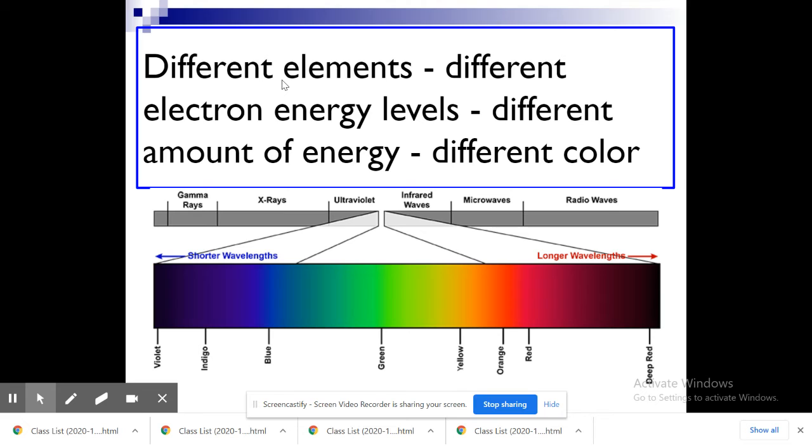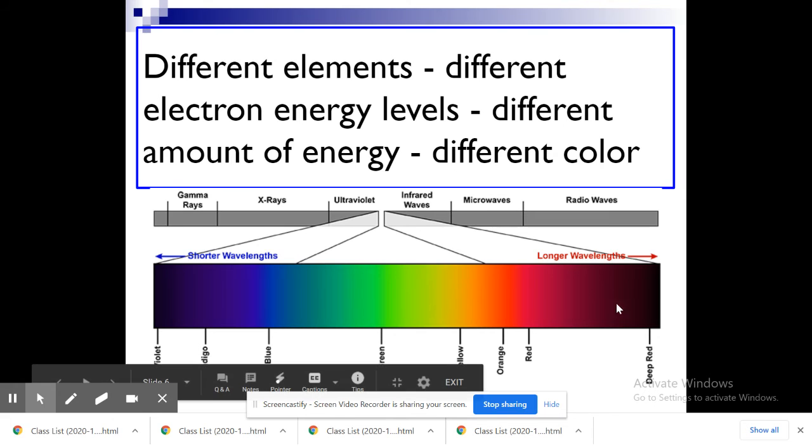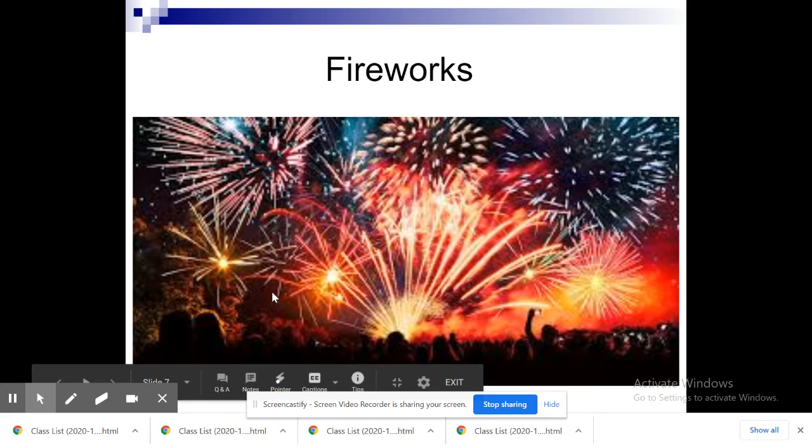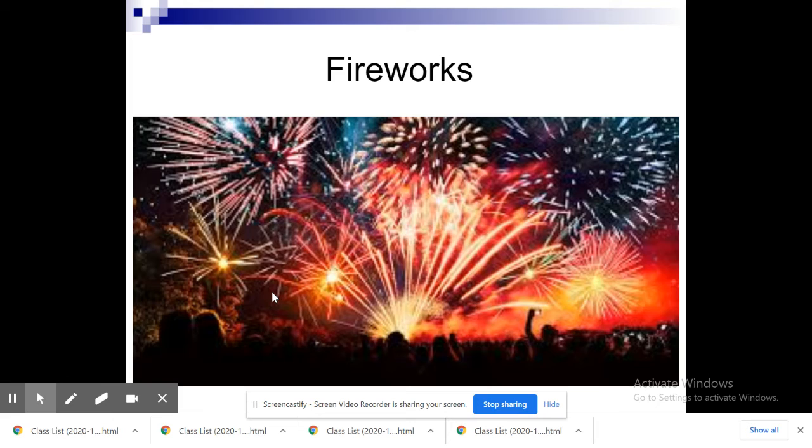As we just talked about today, different amounts of energy relate to different colors. It can be red, green, yellow, blue, purple, different colors. Okay, so that's why the fireworks contain different kinds of chemicals. And when we heat it up, when we burn the firework, we give it energy.